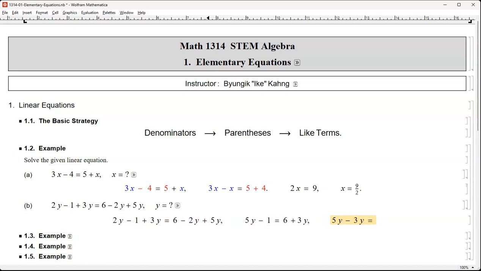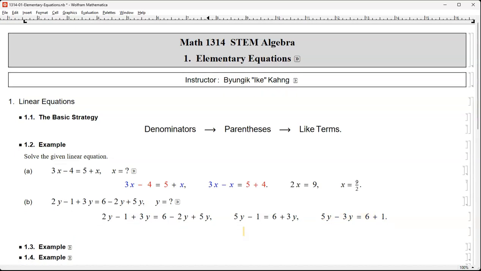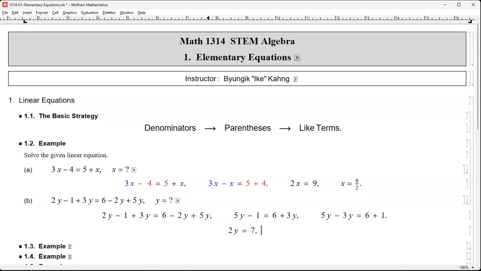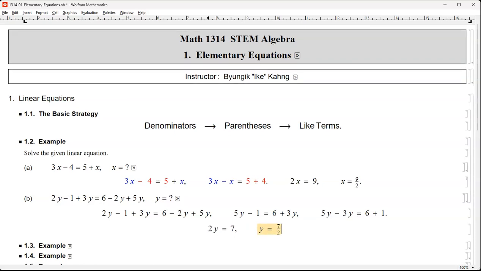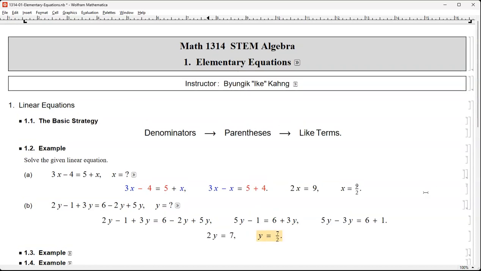So we change the sign. And then 6 was there before, and then flip this negative 1 to the other side. So in the end, what do you get? We get 2y equals 7. y is 7/2 after the final division. So that's going to be your answer.